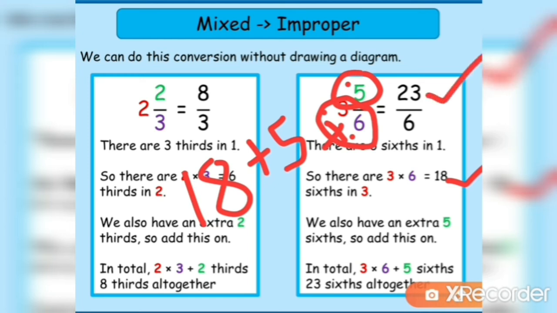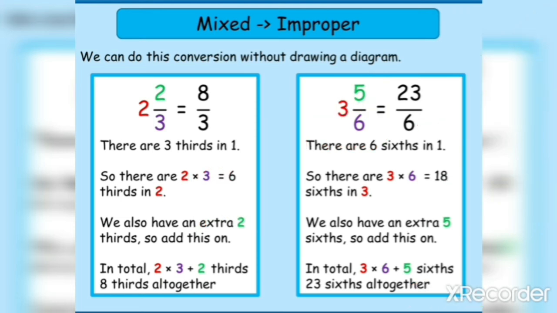And as I told you, keep the denominator same, 6. So by converting 3 integer 5/6, we will get 23 upon 6. In this way you can convert mixed fraction into improper fractions.